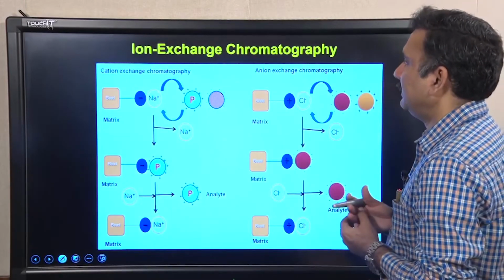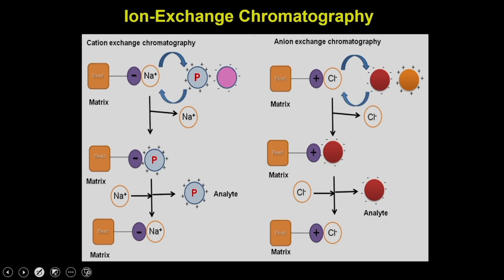So, this is the basic principle through which the cation or the anion exchange chromatography works. You can see that you have the cation exchange chromatography or the anion exchange chromatography where you have the bead bound matrix. In this case you have a negatively charged group which is attached to the sodium, the counter ion.